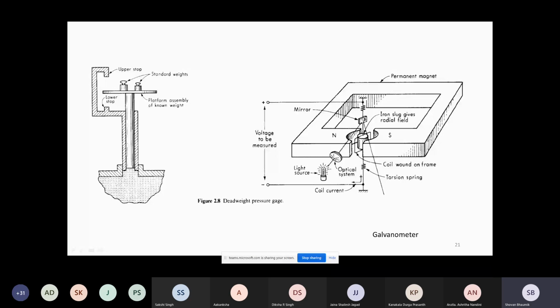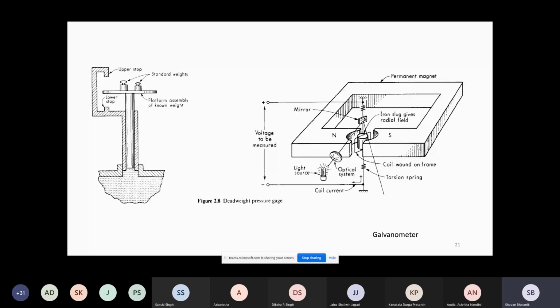Now what happens when some current passes through this coil wound on the frame? This coil gets magnetized. When the coil gets magnetized, it gets deflected because there is another magnet in it. When the coil gets deflected, the mirror and the light coming to the mirror change position, and you can measure it on the scale.